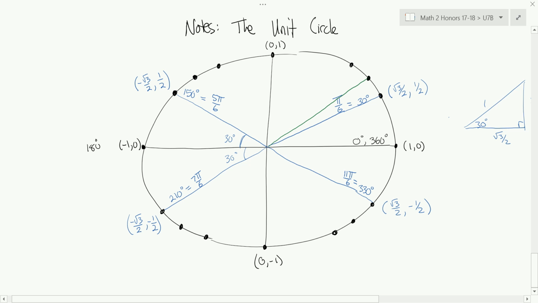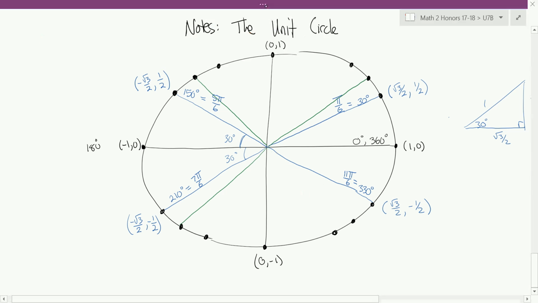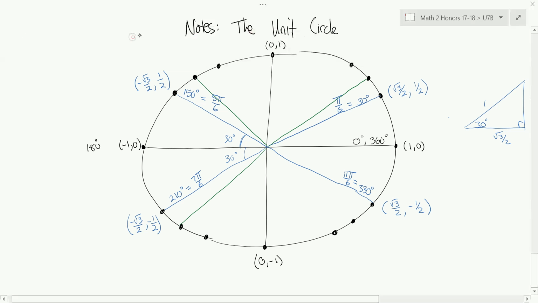I'll use green for the 45s, and there's one in each quadrant. But let's go after the angles first.